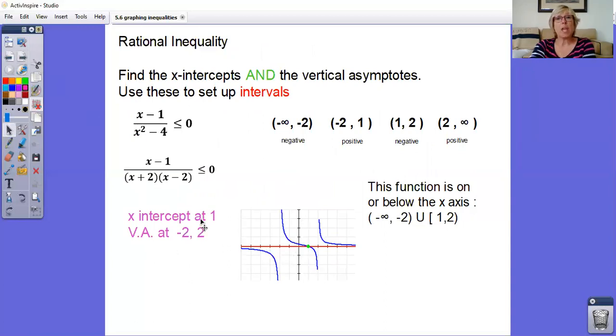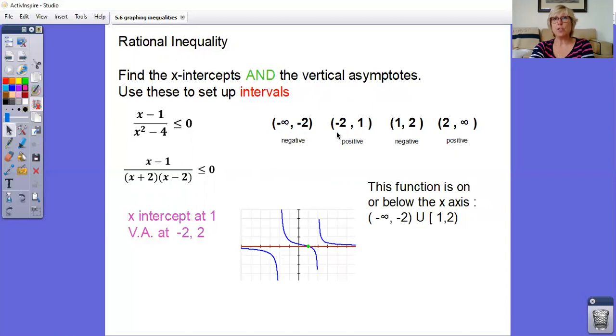But anyway, with a rational inequality, you are going to set up your intervals using the x-intercepts and the vertical asymptotes. So I've got all of that information, and I'm going to start at -infinity, and I'm going to stop at -2 because that's the smallest important number.